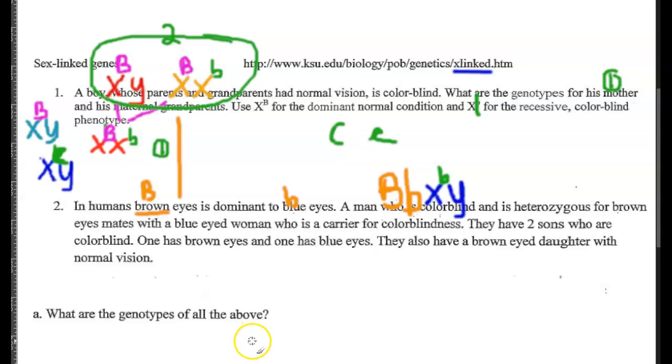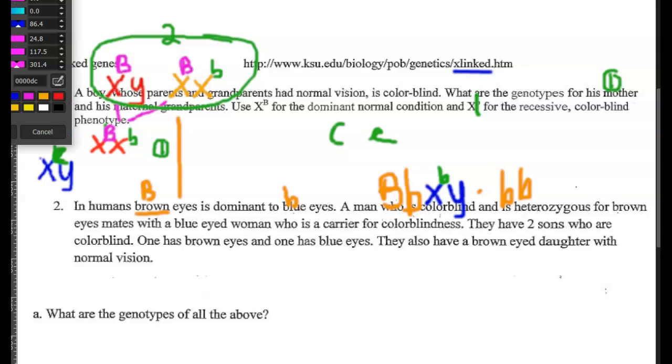Okay, so the blue-eyed woman. So we know she's this. And she's a carrier for color blindness. Let's use the blue for that trait. I'll just use green for this trait.